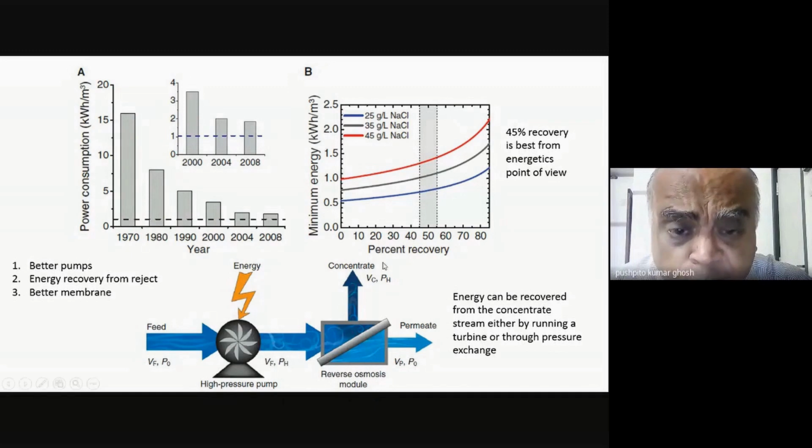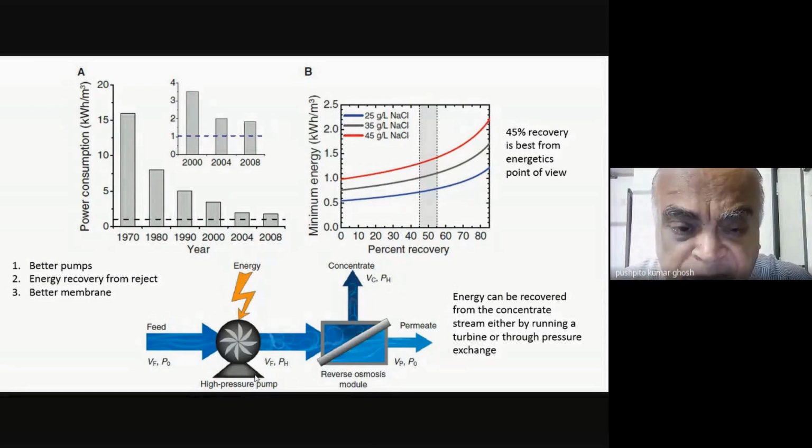The second is that pumps today are much more efficient. They have reached efficiencies close to about 80%. But until recently, and even today in many pumps, the efficiency is about 65%, typically for a centrifugal pump.